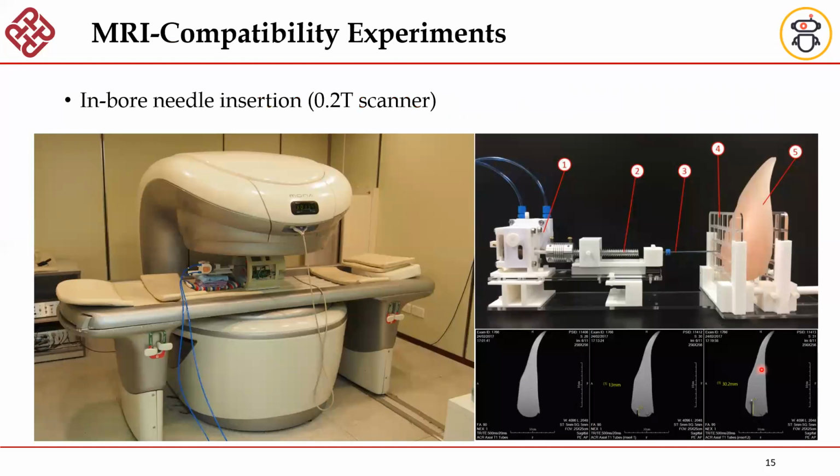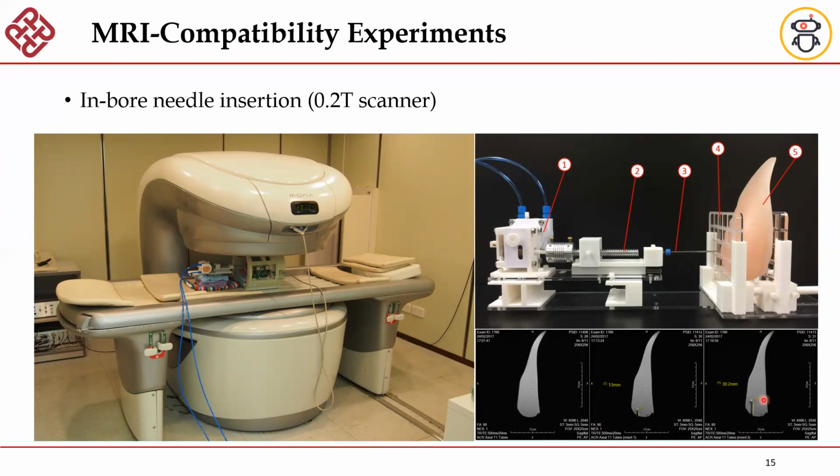So we did MRI compatibility experiments. This is actually a low intensity scanner, a 0.2 T scanner. The purpose of this test was twofold. One is to control in closed loop, by using MRI images, how much you're introducing the needle inside this phantom tissue.